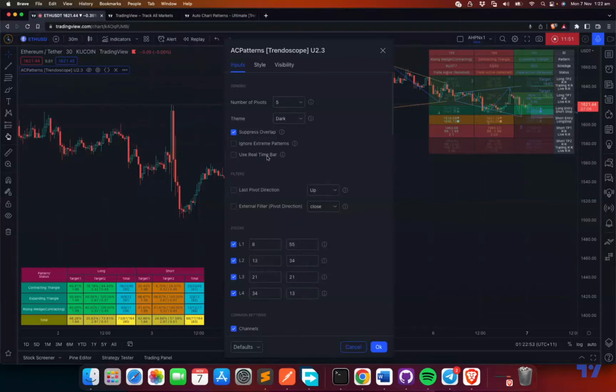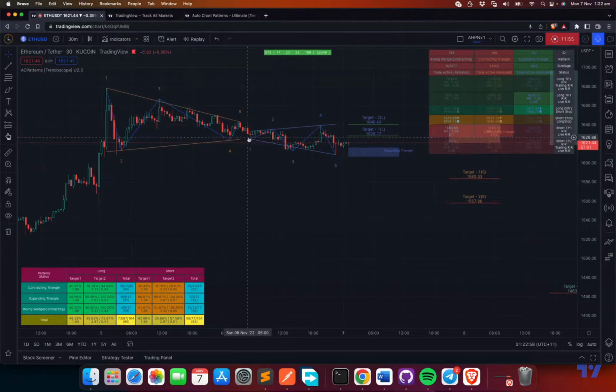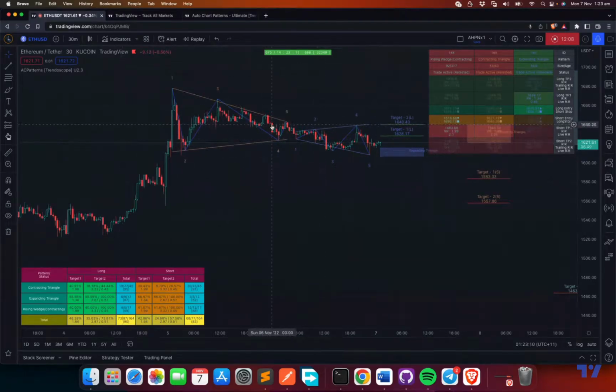Right, use real time bar. So here, you can see that to form the pattern, it actually used the last bar, meaning confirmed bars only. But if you use real time bar, it can give a signal as soon as the pattern is formed.